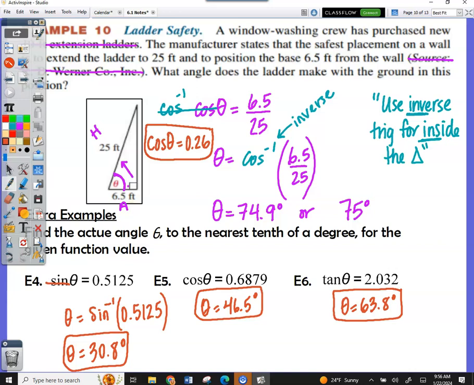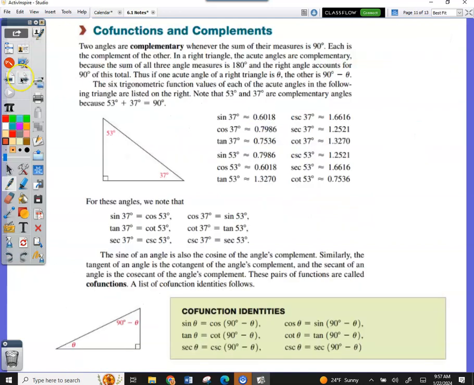Okay, the last two slides are teaching us a relationship between co-function identities. There's a pattern. You learned this for probably 10 minutes in geometry 2 or 3 years ago, so you may not remember it. So let's look at this. When two angles are complementary, do you remember what that means?